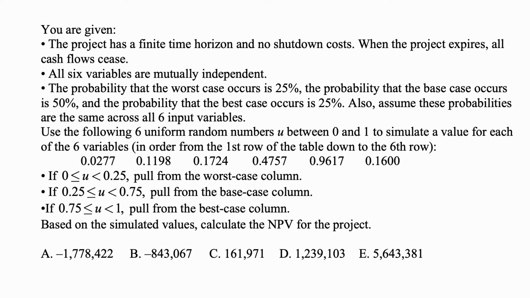So we pull from the worst case column. If u is between 0.25 and 0.75, pull from the base case column. And if u is between 0.75 and 1, pull from the best case column. Based on the simulated values, calculate the net present value for the project.